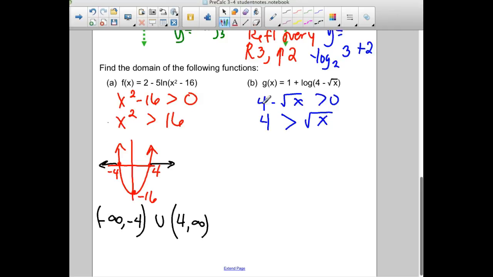Because if we put in, for example, the square root of 25, now this is negative. Okay? So we need numbers that are smaller than 16. But there's another restriction. Because it's a square root, we can't square root negatives, which means my x can't go past 0. All right, so I have to be 0 or higher, but staying under 16. All right, so my domain would look like this.